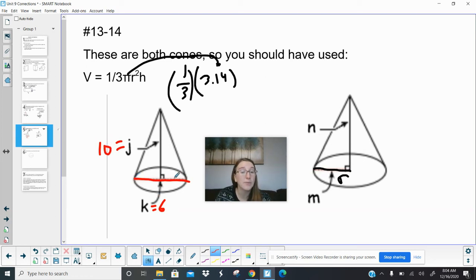This is the diameter. You need to take half to get r, to get the radius. So when you went to go plug in up here for r squared, you're not plugging in 6, you'd plug in half of that. So you would plug in 3. And again, that gets squared times the height, which is 10. So that's how that situation would get plugged in.